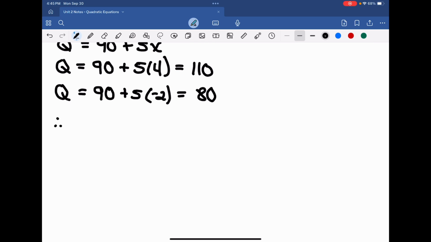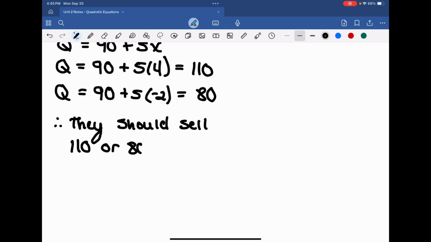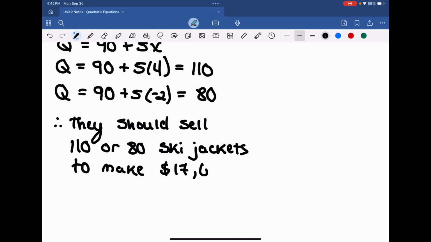So therefore, they should sell 110 or 80 ski jackets to make $17,600. There it is. Perfect. So our solution comes together.